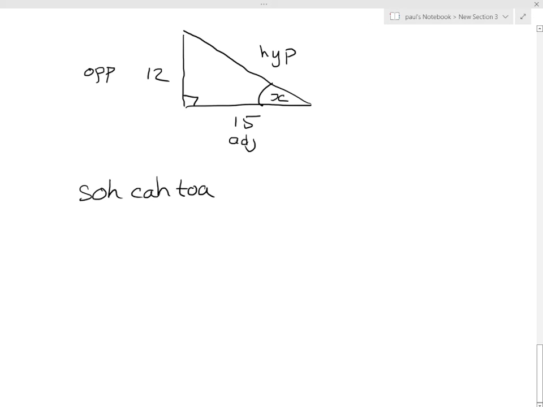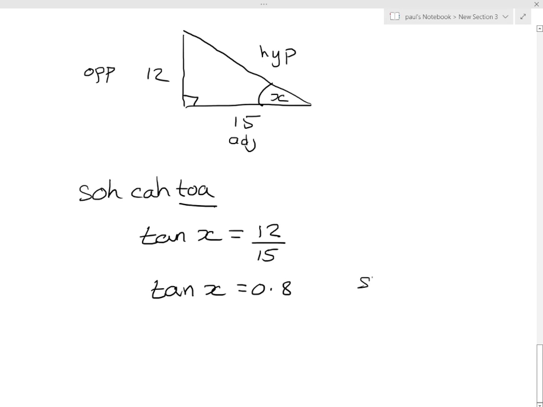So we want something with the adjacent and the opposite in, which is that one. So tan of the angle x equals the opposite divided by the adjacent. So 12 divided by 15 is 0.8. So we've got tan x equals 0.8.